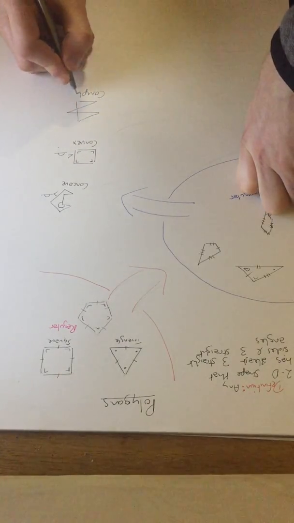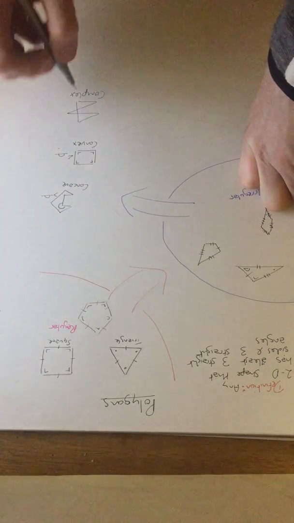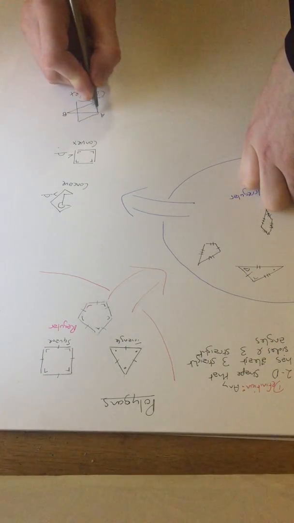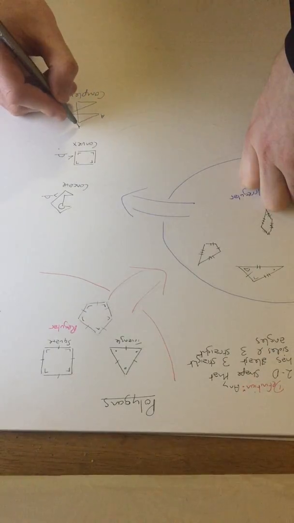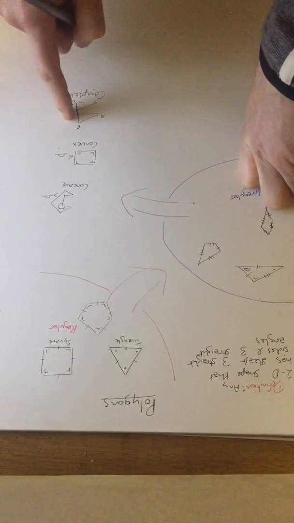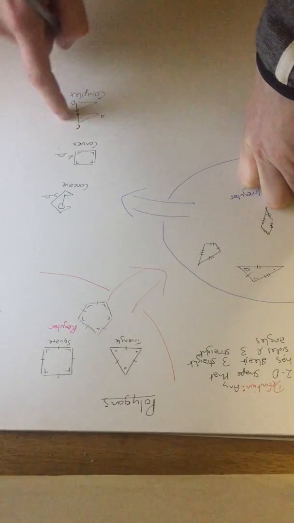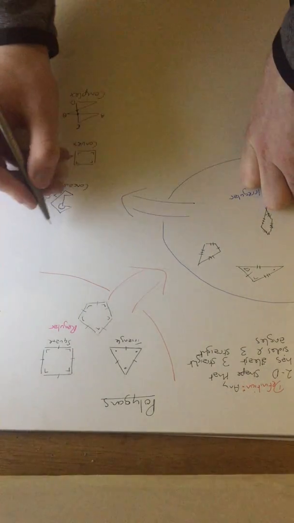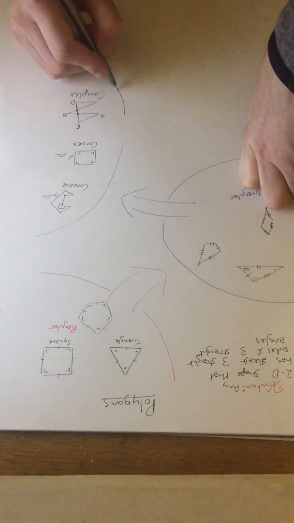What makes it complex is that if you were to draw a line from point A to B, and C to D, these lines cross over, they intersect. Where a polygon has sides that intersect with each other, that's what makes it a complex polygon. And we'll cordon that section off.